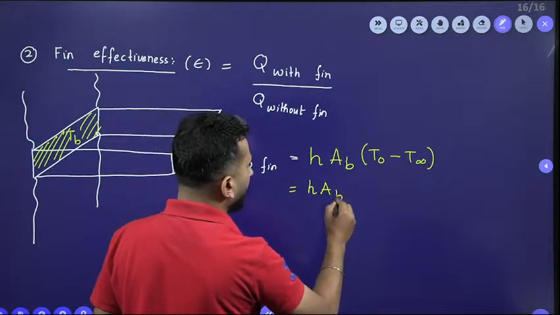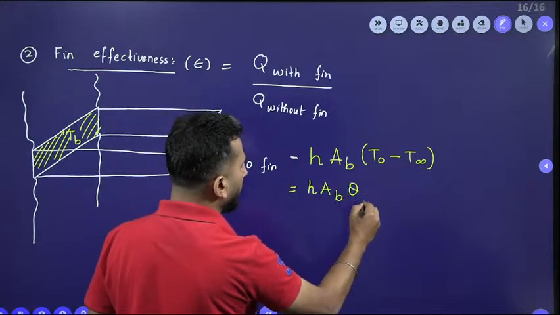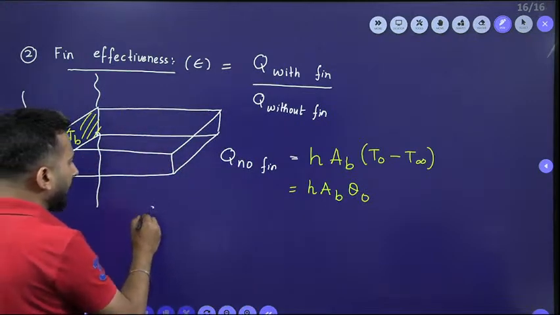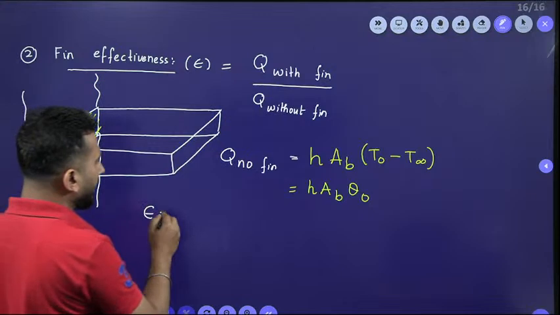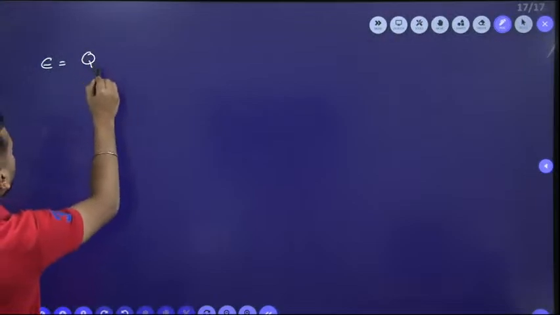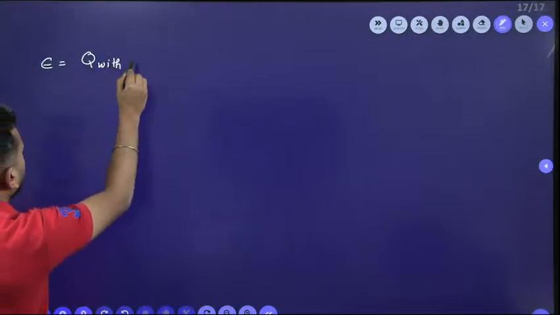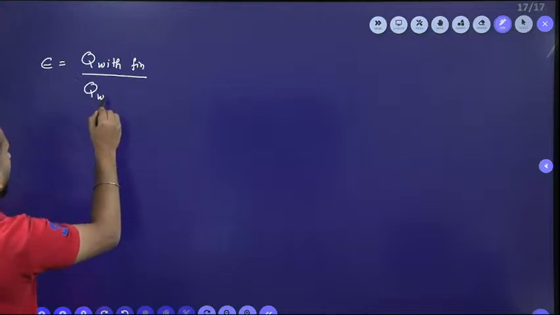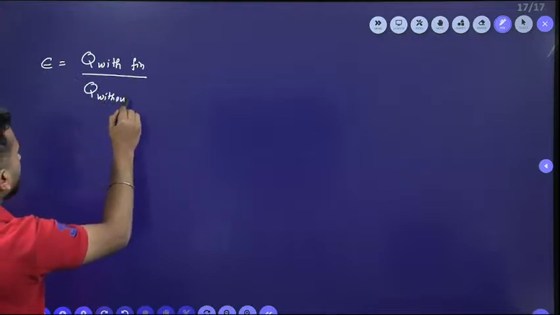That is H A_B theta naught. So effectiveness is Q with fin divided by Q without fin.